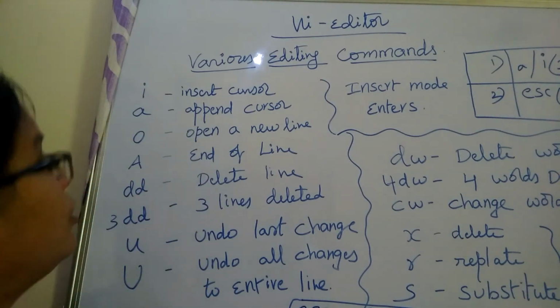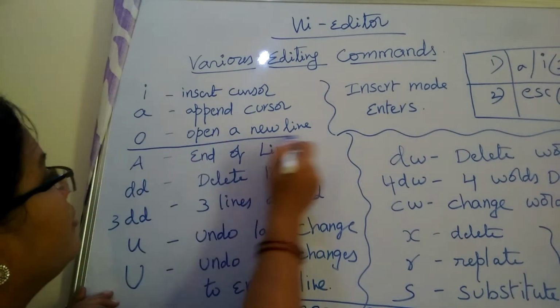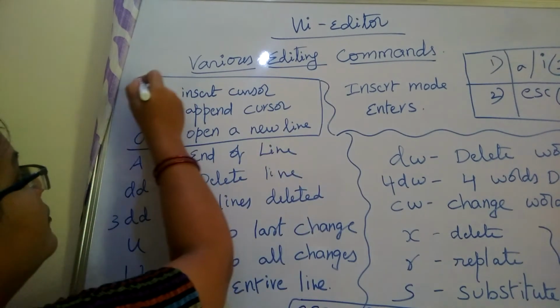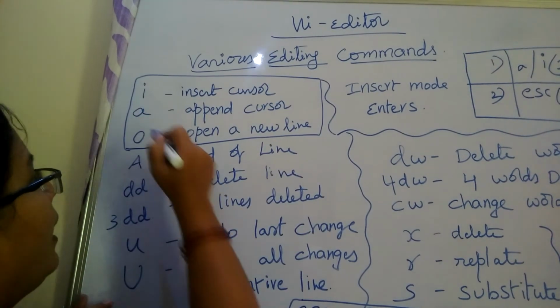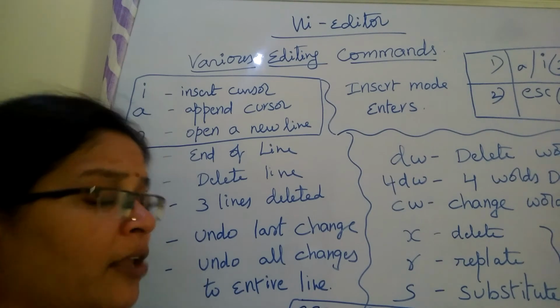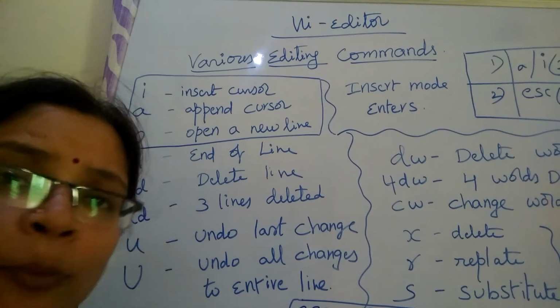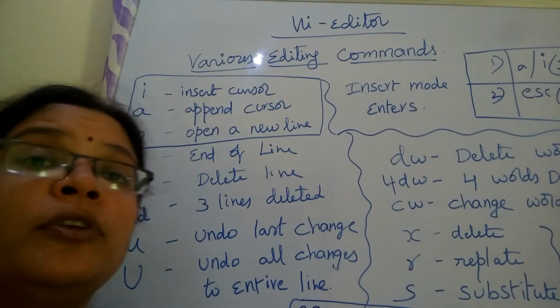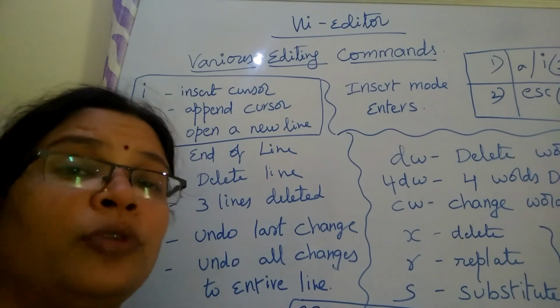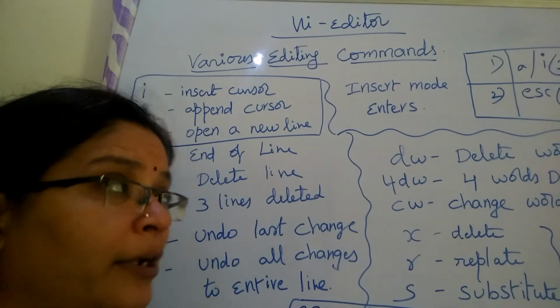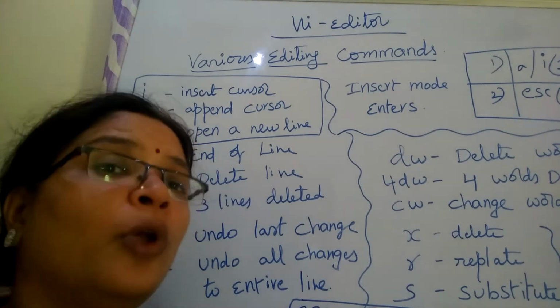What are those commands? These first three commands take you from command mode to the insert mode: i, a and o. i and a are by default insert mode or append mode, whereas o is one of the new commands that also takes you to the insert mode or append mode to enter text or to open a new line.